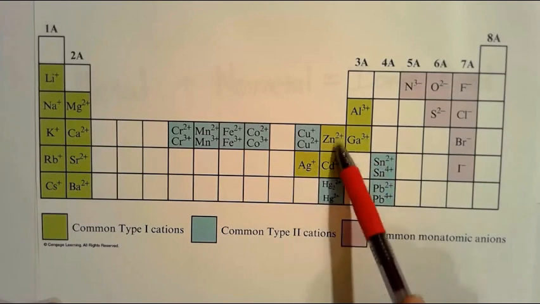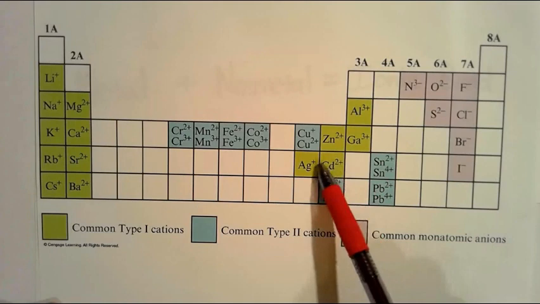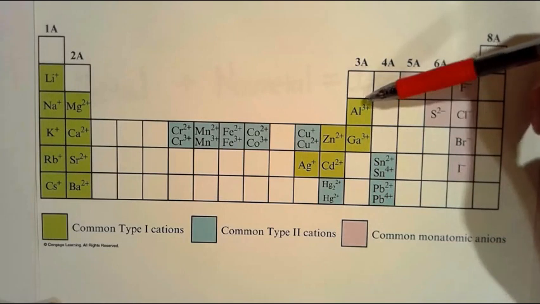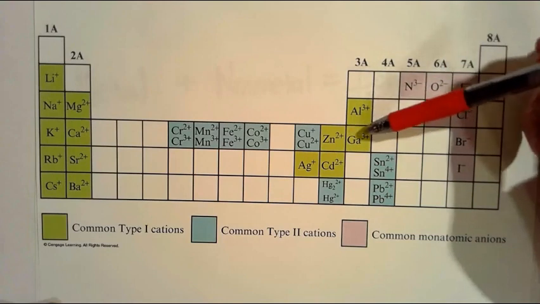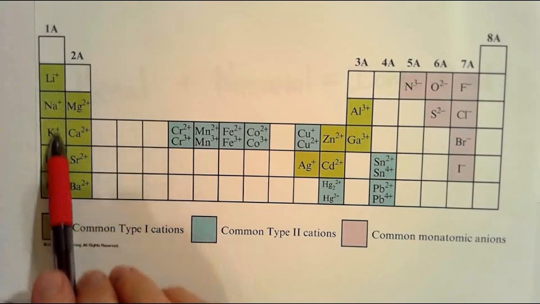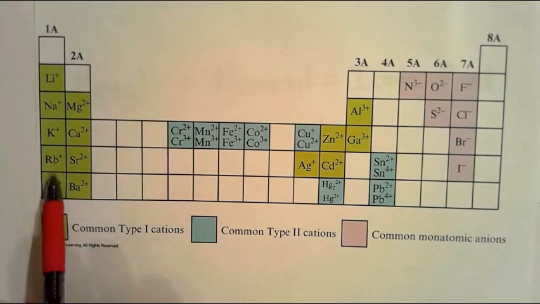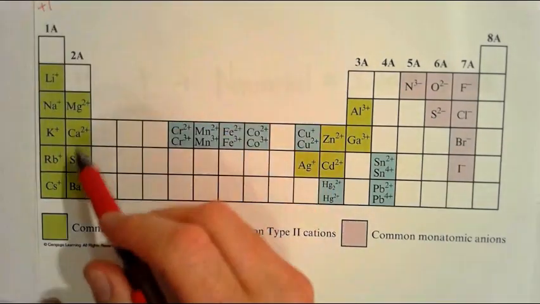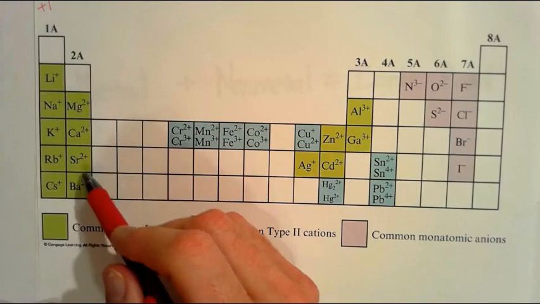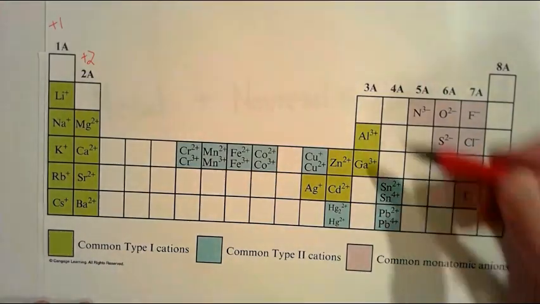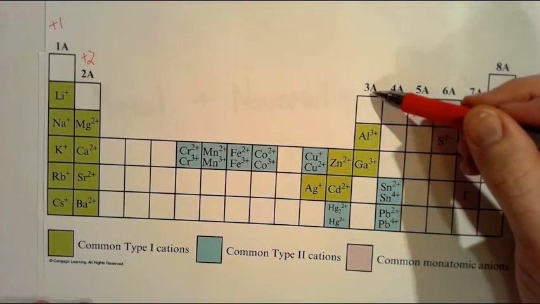These transition metals will only have one common charge. The only one that's really necessary to memorize is that aluminum has a positive 3 charge. The rest of them you can use as a reference. All of these will have a positive 1 charge because they're in group 1, and all of these will have a positive 2 charge because they're in group 2. Aluminum will have a positive 3, it's in group 3.